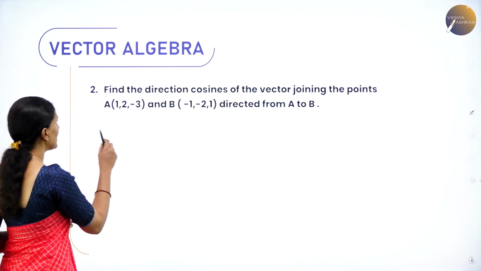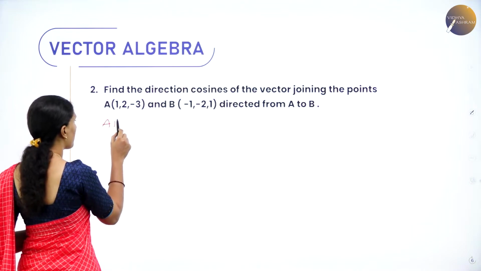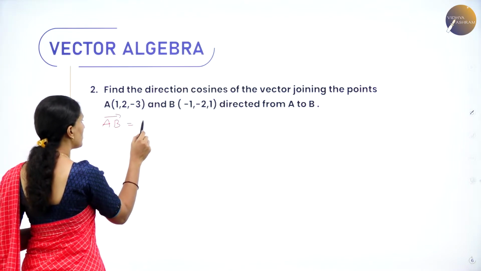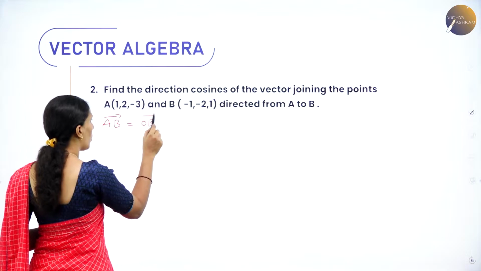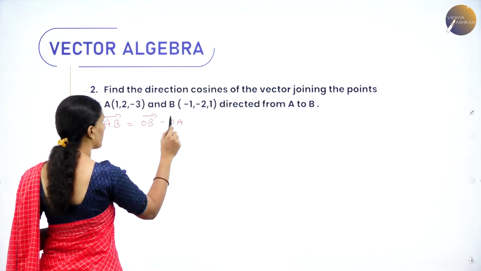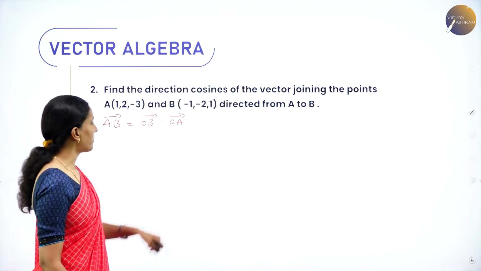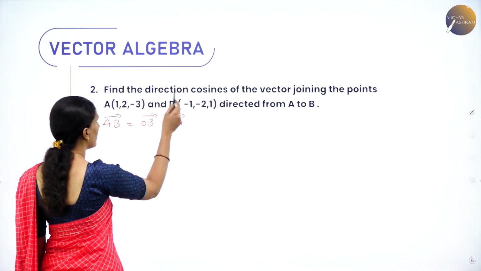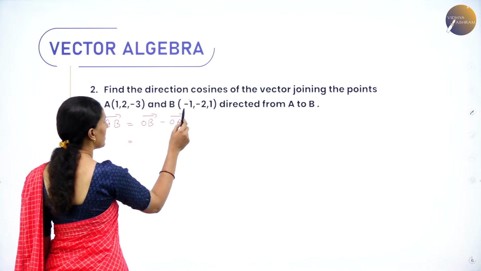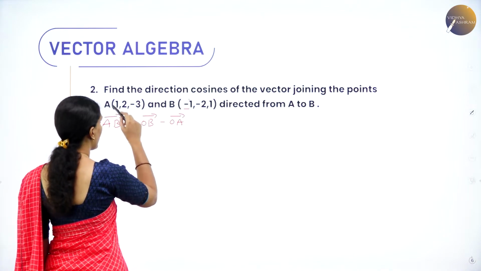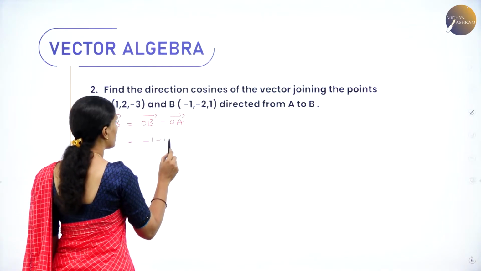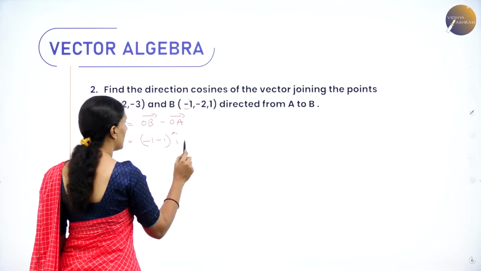So here, first let us take AB. AB means you should know it is always vector OB minus vector OA. So therefore, here we need to subtract it directly. Let me subtract the i component first: minus 1 minus 1, which is minus 2i.